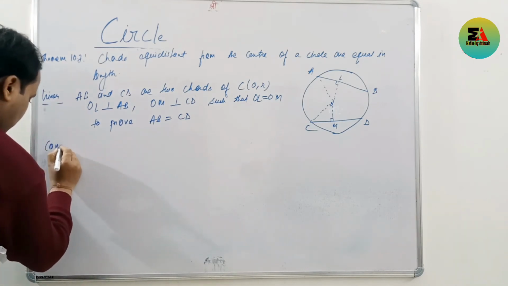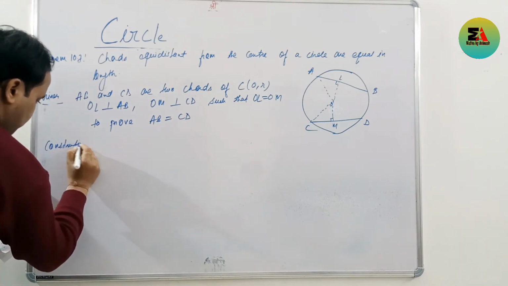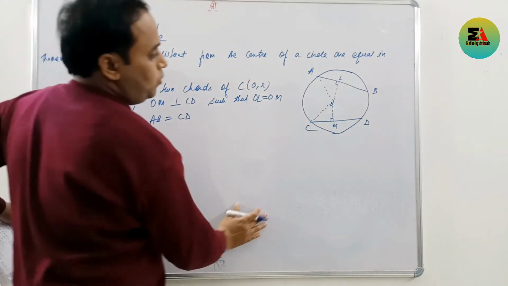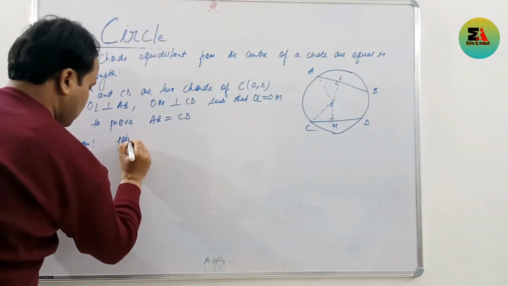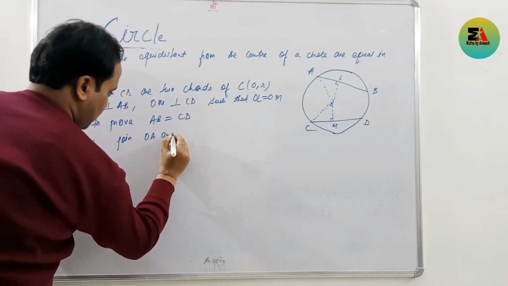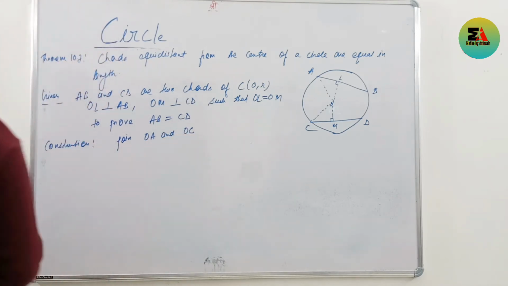Clear? Now in construction, what we have to construct? Join OA and OC. Now in proof.